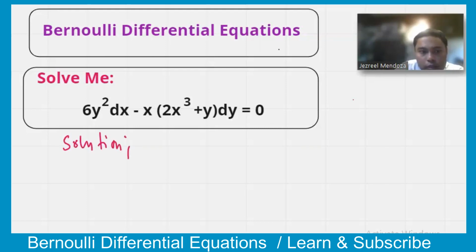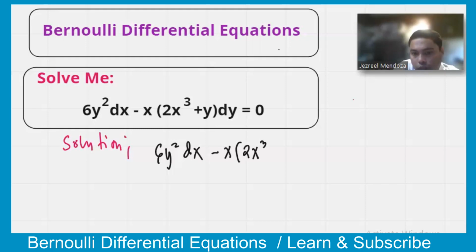First thing to do is test whether this is linear in x or linear in y. That is 6y squared dx minus x quantity of 2x cubed plus y dy is equal to 0. First, let's simplify by distributing the x inside the quantity.